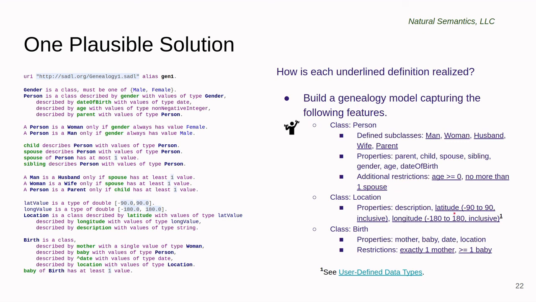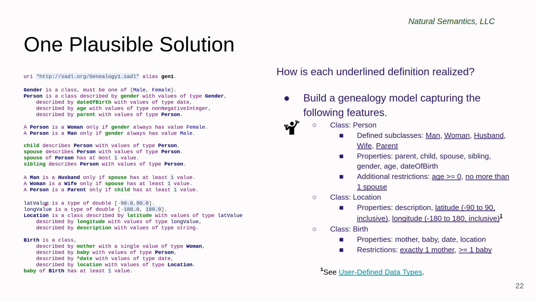Let's look at latitude and longitude. To accomplish this, we define some user-defined data types. And the way we do this in our controlled English, we say here that a lat value is a type of double, and we add a facet that it's in the range, and the square brackets indicate that the range is inclusive of the end values of minus 90.0 to plus 90.0.